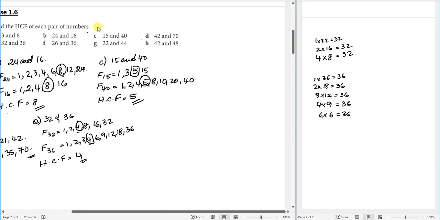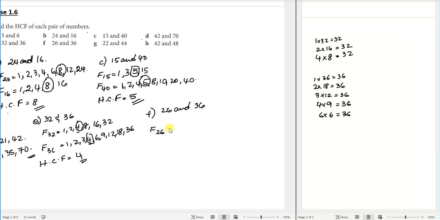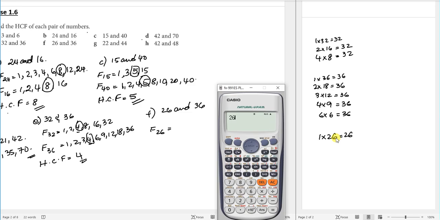Question F. 26 and 36. So F26 is equal to 1 times 26 is equal to 26. 26 by 2, 2 times 13. 26 by 3, 26 by 4, 26 by 6, 26 by 7.